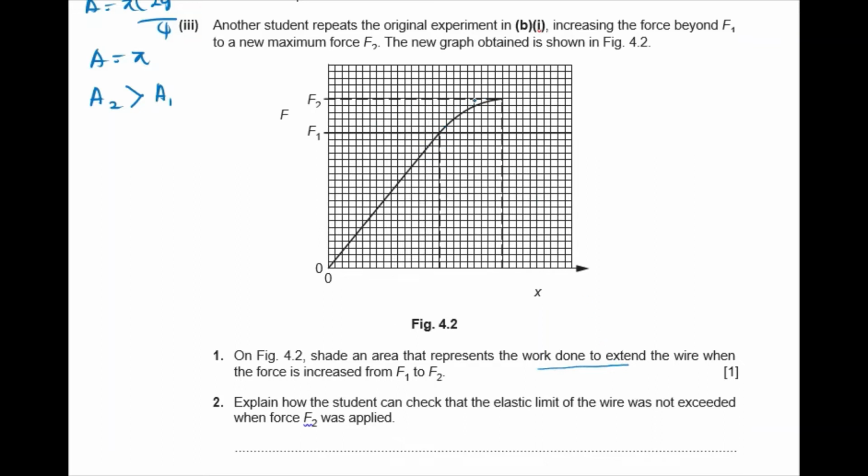So F2 here, F1 here. So this is the work done, this area. Okay, this is the area.